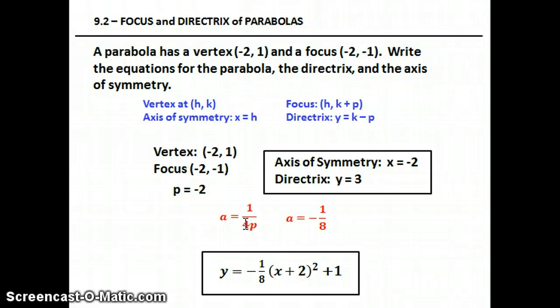Then we just need to find, again, our a. Well, a equals 1 over 4p. In this case, p equals -2 when we find it through the equation, which is the same -1 over 8. So the equation, again, is y equals -1/8 (x plus 2) squared plus 1.